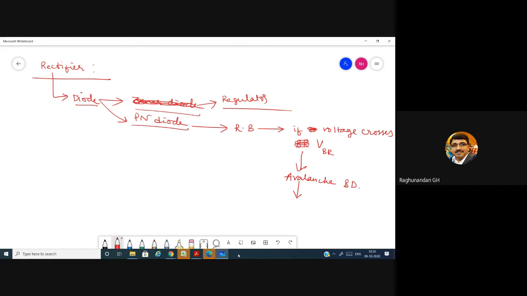Once avalanche breakdown has occurred in the diode, can I use the diode again, or can I make it go back to forward bias? You have studied avalanche breakdown and Zener breakdown.